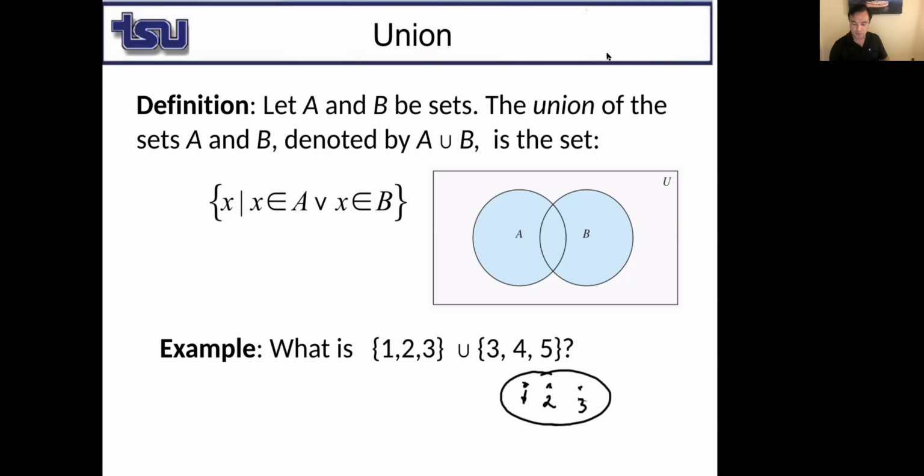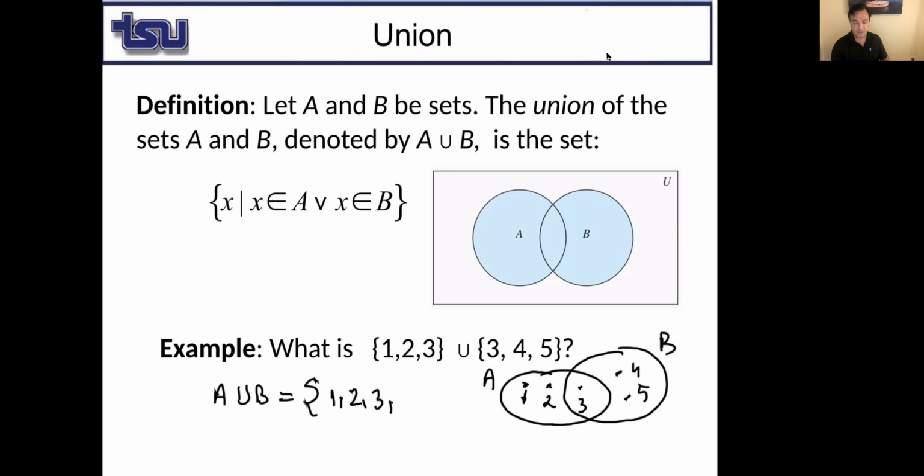But 3 also belongs to what? B. This is A, and this is 4, and this is 5, and this is B. So this is A union B. That means A union B will be {1, 2, 3, 4, 5}. All elements that belong either to A or B or both.